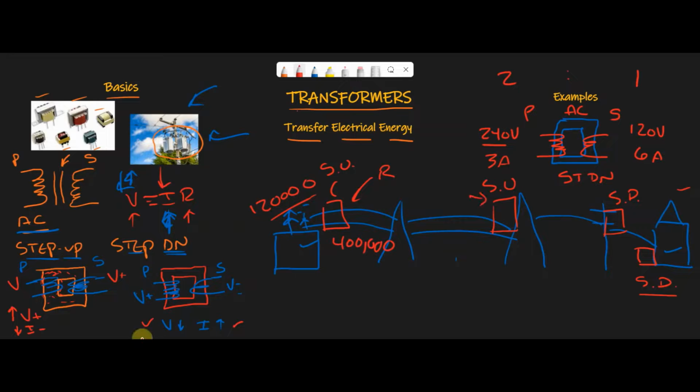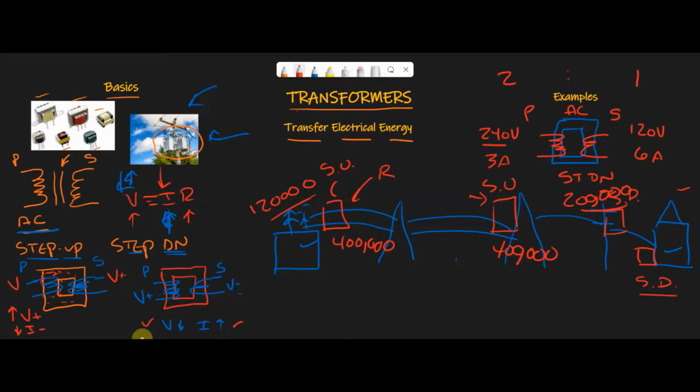But by the time it gets here, it's down, so we want to step it up again, to 400,000. And again, what's in these transformers is what we talked about here, windings and so forth that transfer energy for us, but give it a little bit of a boost. Then here, all of a sudden, we're in the subdivision. Well, all right, let's go down to 20,000 or 200,000. And again, I don't know if these numbers are correct. They're probably not. I'm just giving an example.